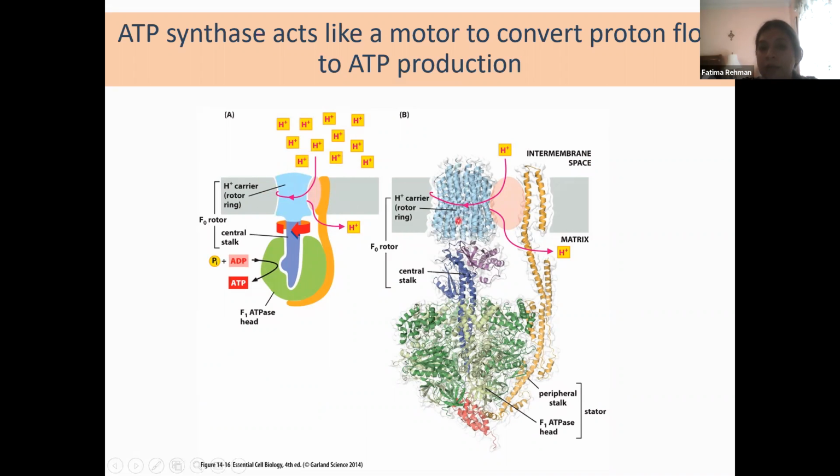It has a lot of these alpha helices joined together in this ring-like structure that the protons come into. They rotate around it, causing it to rotate, which then allows the ADP and phosphate to come into the central stalk and bind to the ATPase head of that protein molecule, releasing the ATP as a result.